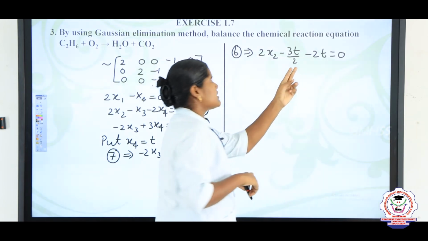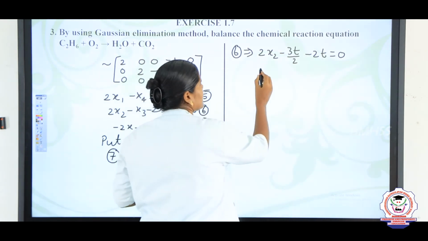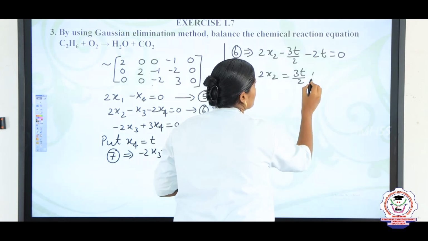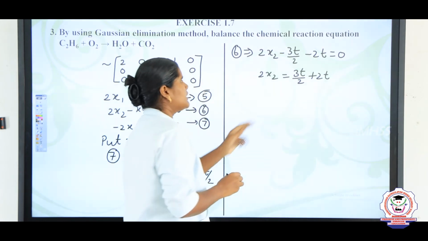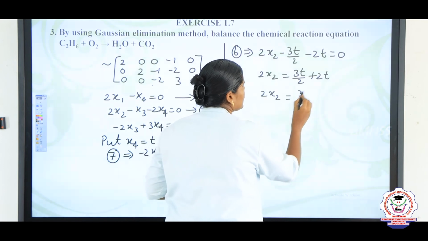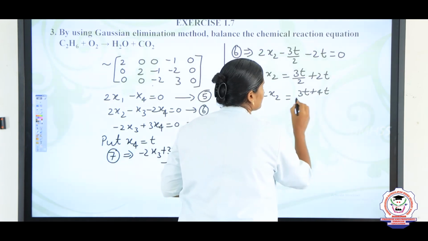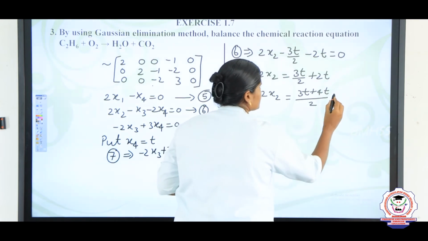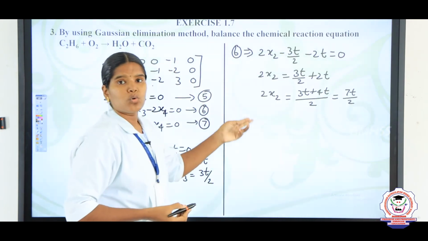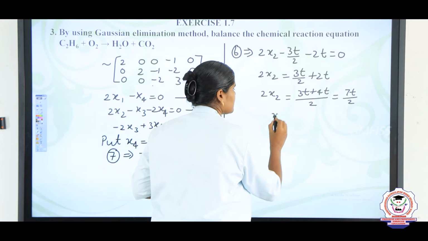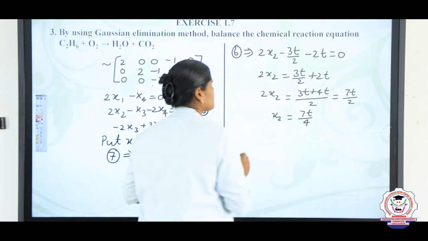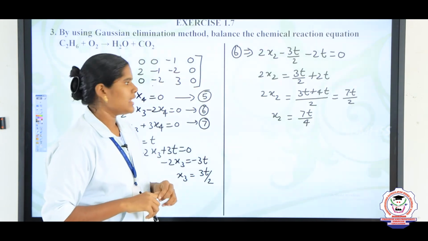So now I am going to take these two terms to the opposite side, then we get 2x2 is equal to 3t divided by 2 plus 2t. Now take LCM here, then we get 2x2 is equal to 3t plus 4t divided by 2, which is equal to 7t divided by 2. This is the value for 2x2, but x2 value is 7t divided by 4. So this is the value for x2, that is 7t divided by 4.